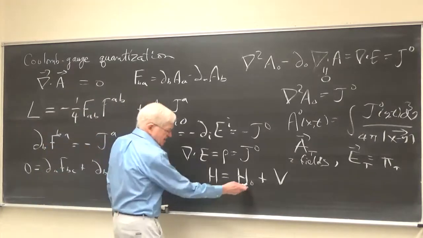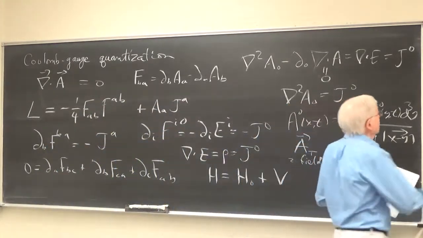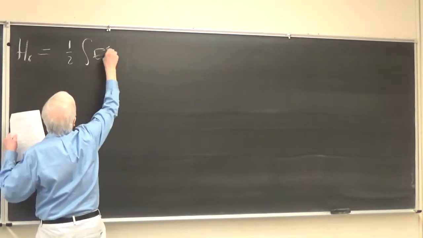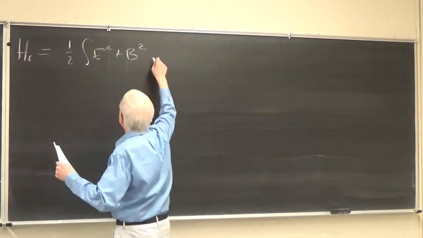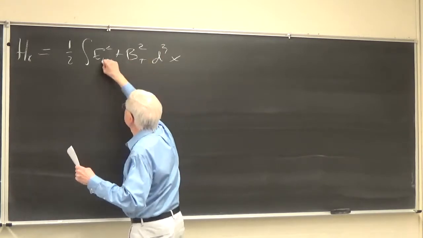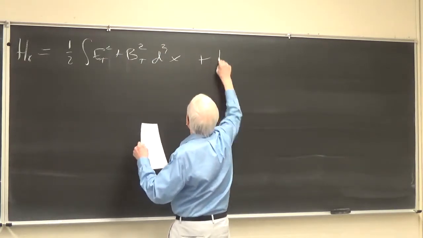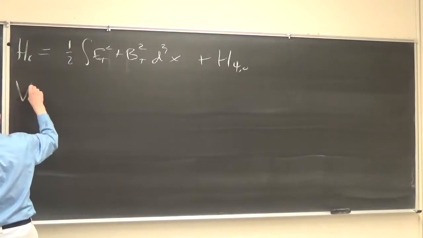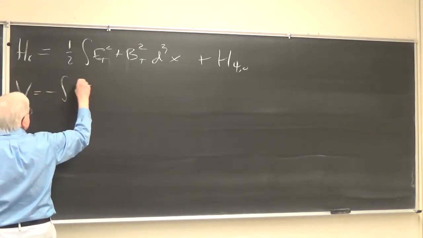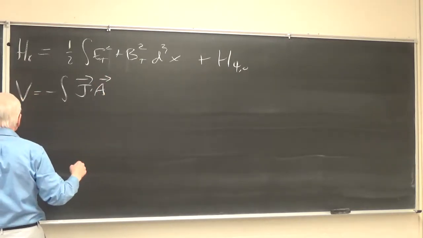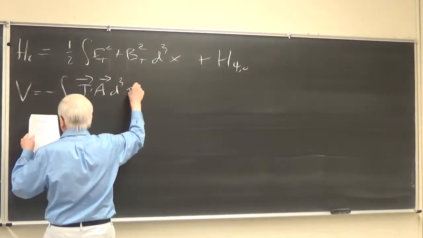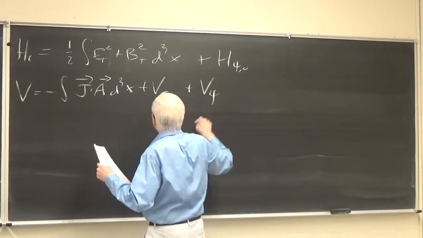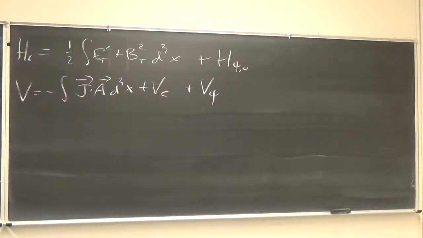So we write the Hamiltonian as H_0 plus V. H_0 is a half an integral of B squared plus E squared, d cubed x, and these of course are transverse, and then plus the free part of the matter Hamiltonian, and then V is minus the integral of J dot A, d cubed x, plus a Coulomb term, and then plus possibly some matter interaction Hamiltonian.